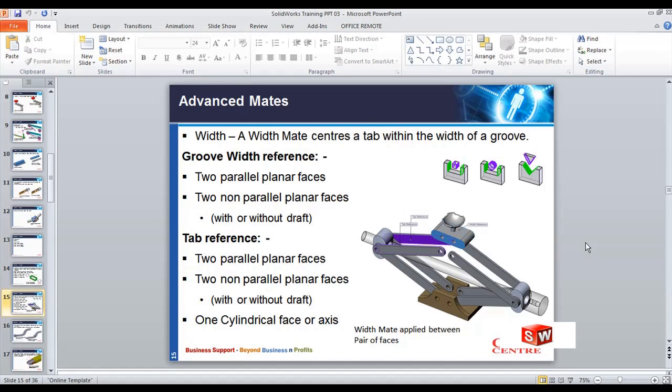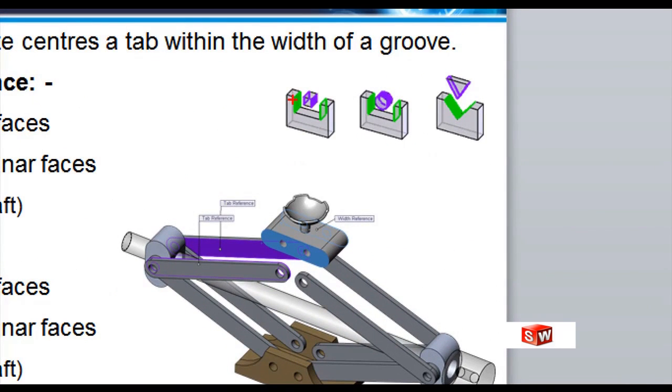Using width mate, you can position a component by selecting two planar faces, or two planar faces and one cylindrical face. So this will center exactly between these two vertical faces. Apart from that, you can also select two slanting faces so that you can position exactly in the middle.